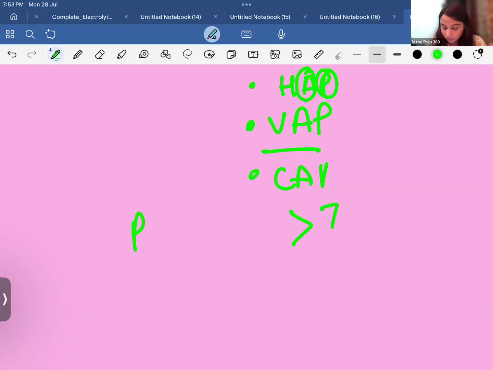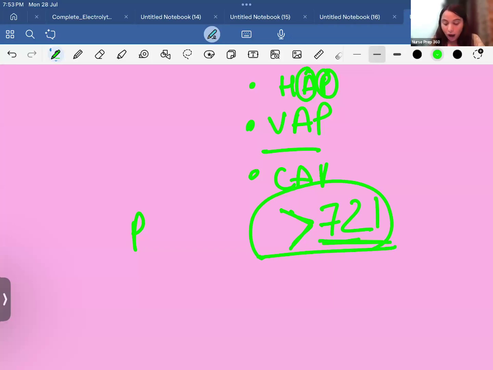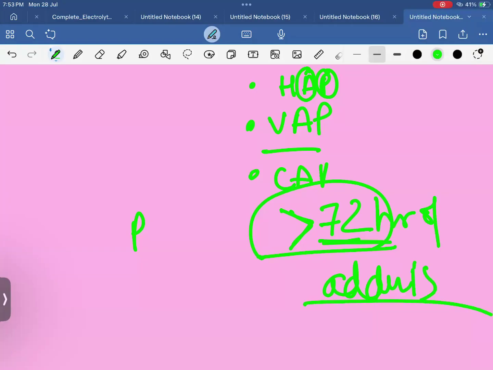If pneumonia occurs after 72 hours of admission, it means that when you admitted the patient, they did not have pneumonia, and after 3 days they got pneumonia. It is known as hospital acquired pneumonia. Understood?